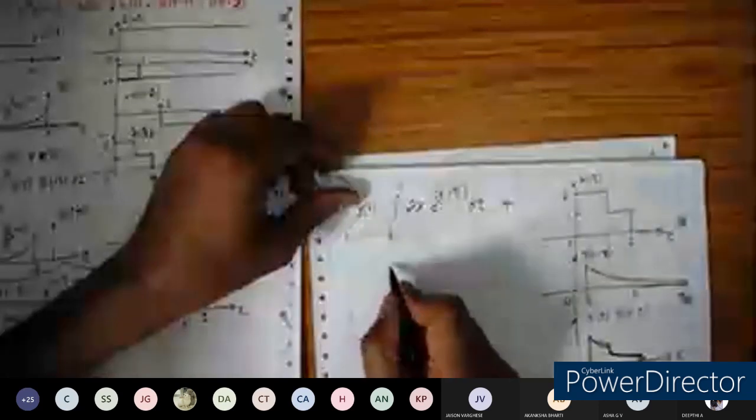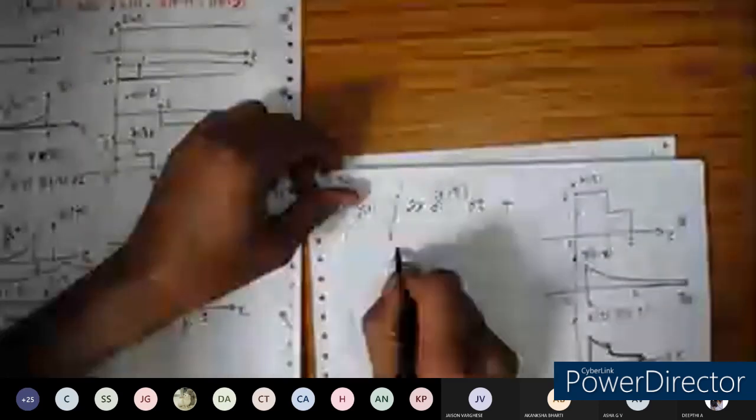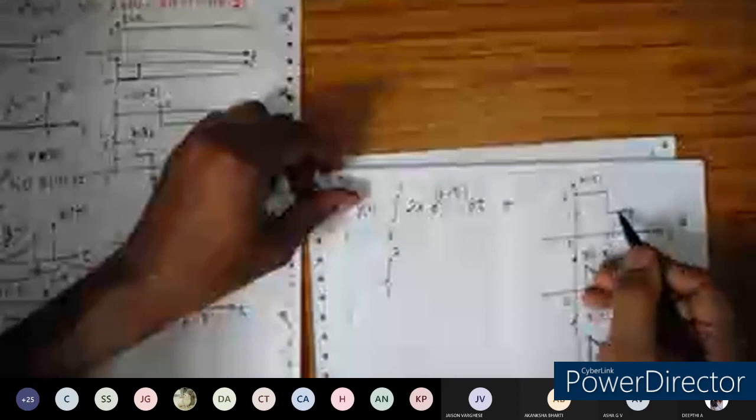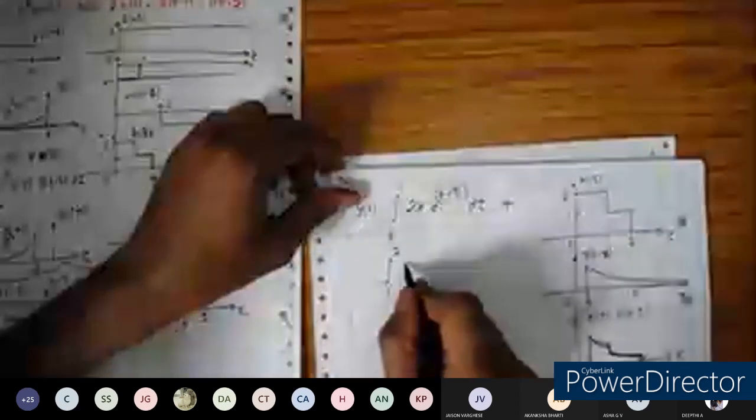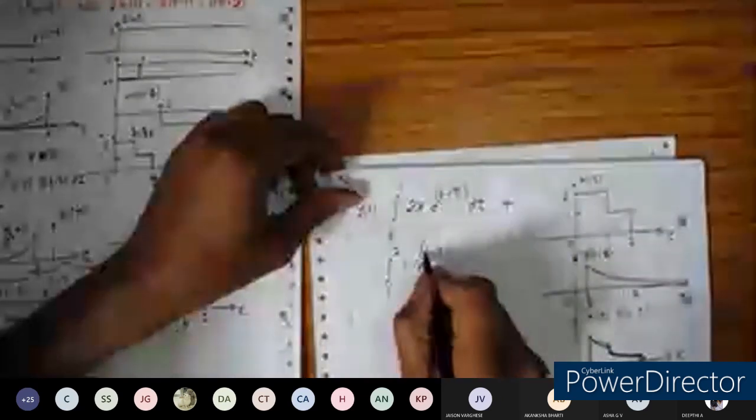Plus, from 1 to 2, the amplitude of h of tau is 1 here, multiplied by e to the power of t minus tau into d tau.